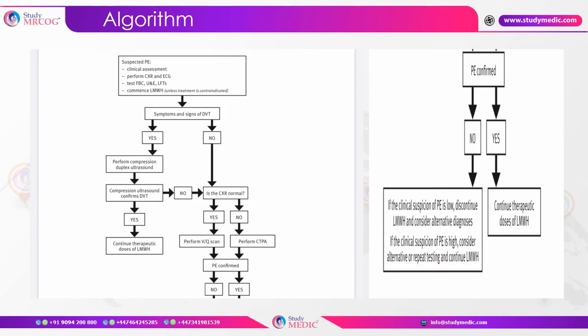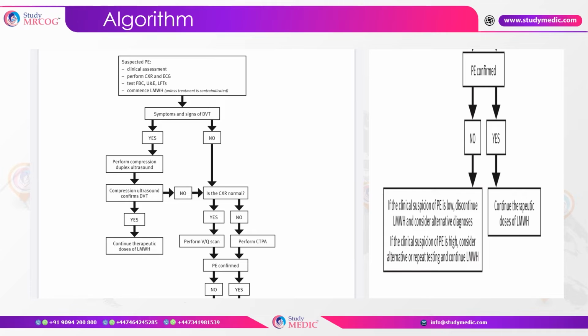The initial investigations that you have to do are an X-ray chest, an ECG. The blood tests are a full blood count, U&Es and liver function tests. Now, since pulmonary embolism is a life-threatening condition, you can start low molecular weight heparin even on a clinical suspicion, unless there is any contraindication to low molecular weight heparin.